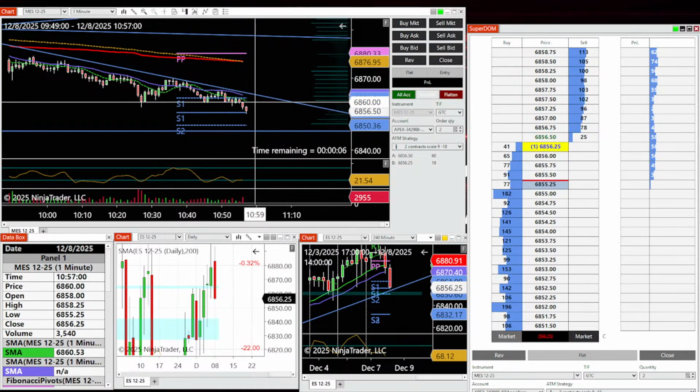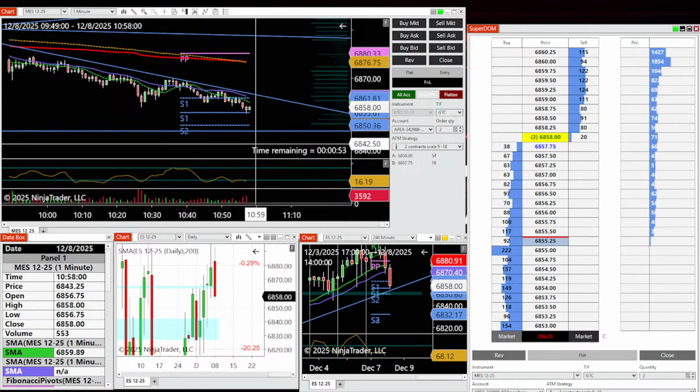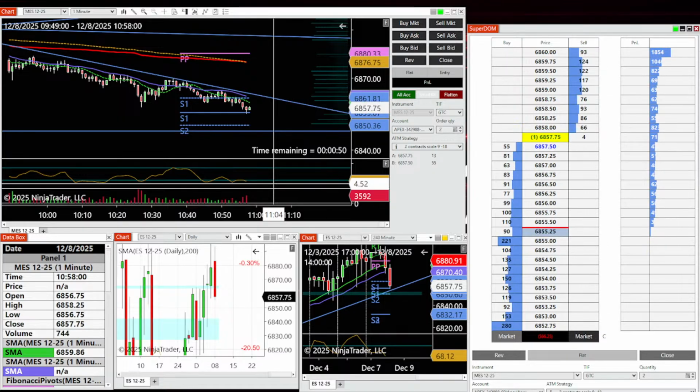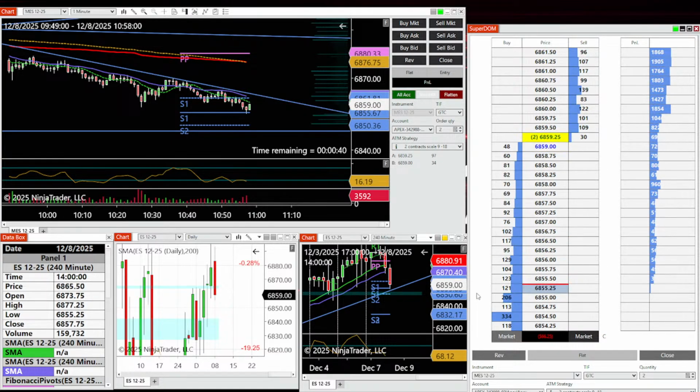If it broke 59, target is 58.50. Came back 59.60.